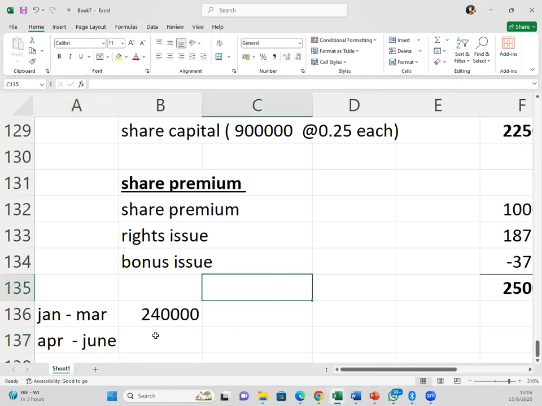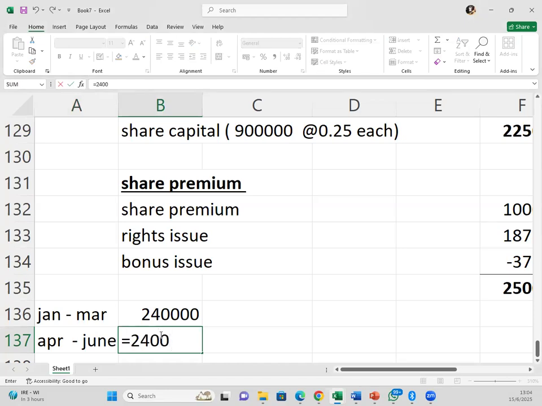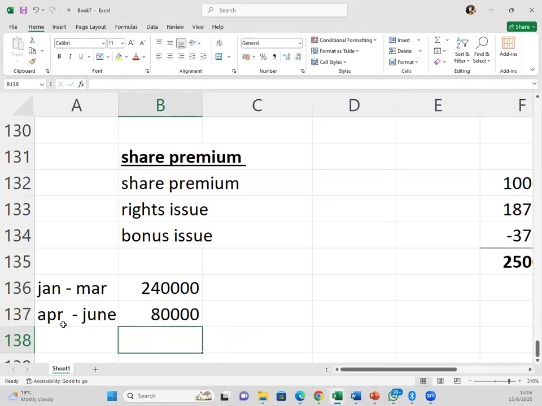Because we had assets of 240,000, minus 160,000, so we had 80,000.